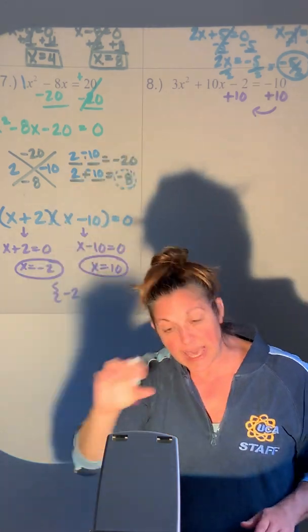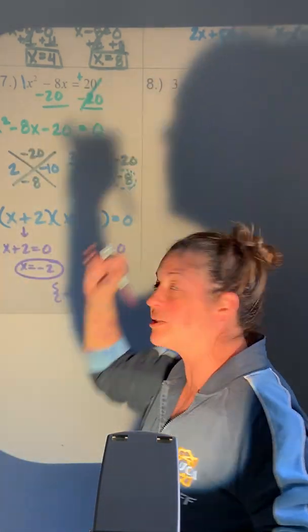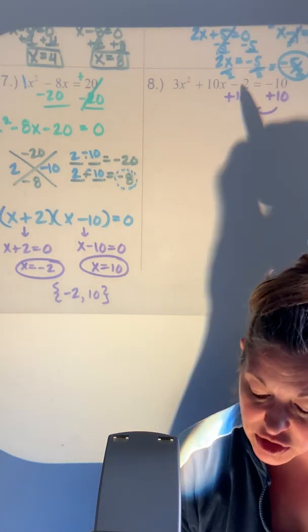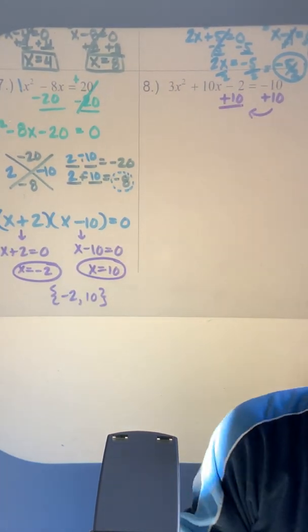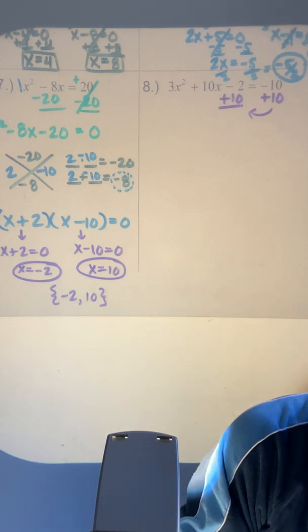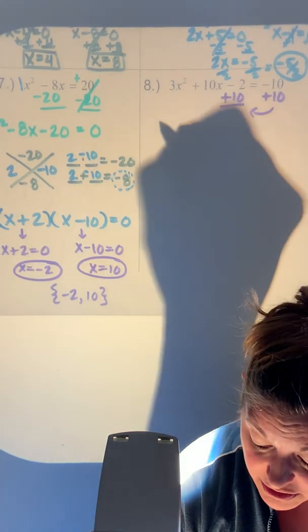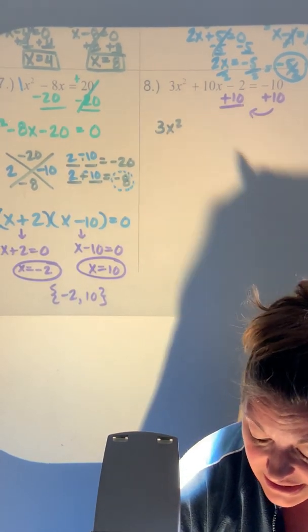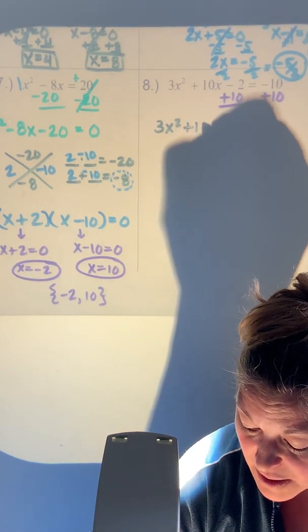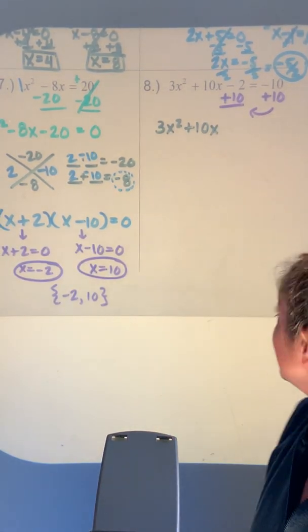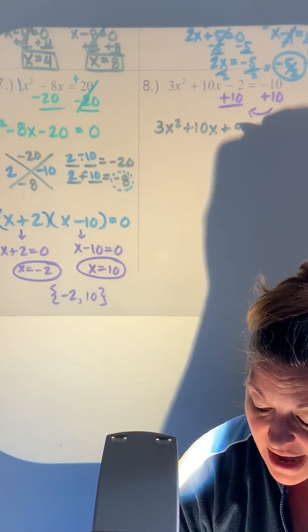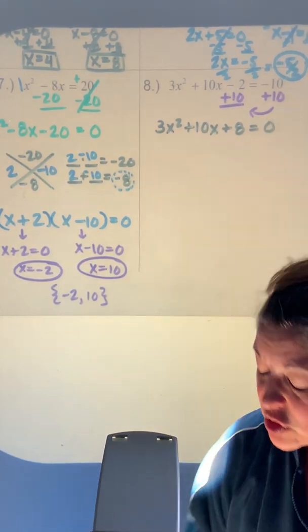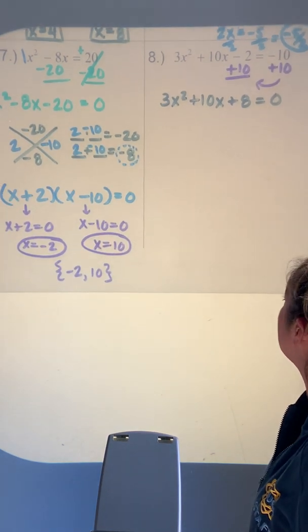Just write that guy that you moved over right underneath them, because that way it'll be more of a visual of what math needs to be done. So when we move that over, it did not affect the 3x squared. He's still the way he is. It will not affect the positive 10x, but what it does do is it changes that negative 2 into a positive 8, because negative 2 plus 10 is a positive 8.